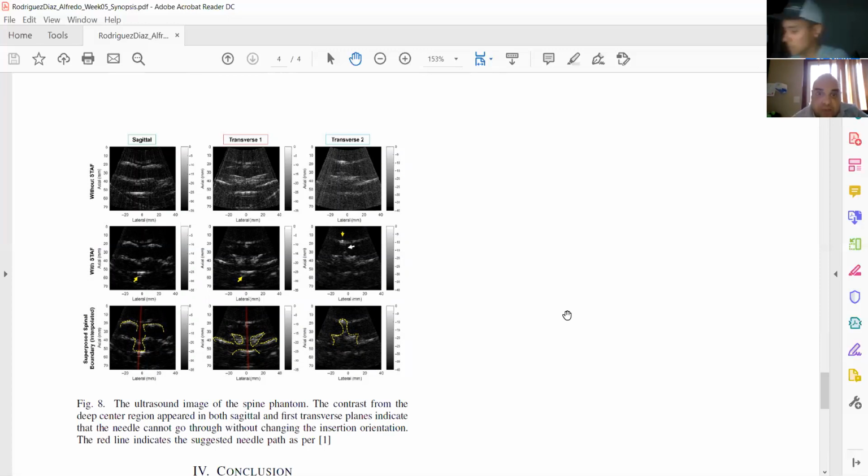So the first one is, with doing real-time imaging, what is the time of the procedure in real life compared to older procedures that are done blindly while hitting the blood vessels?